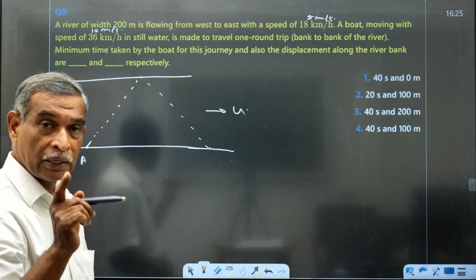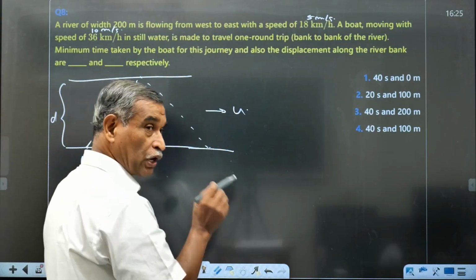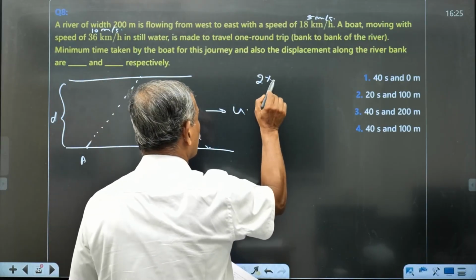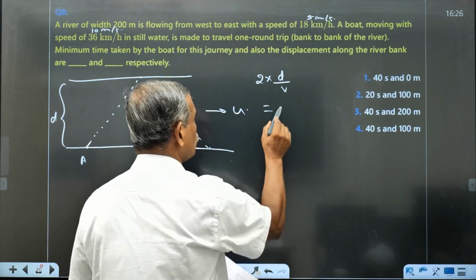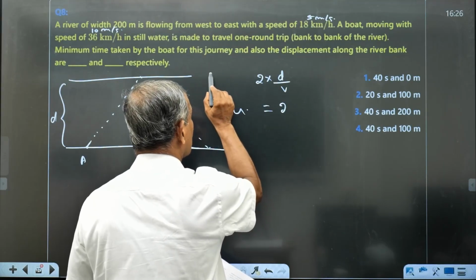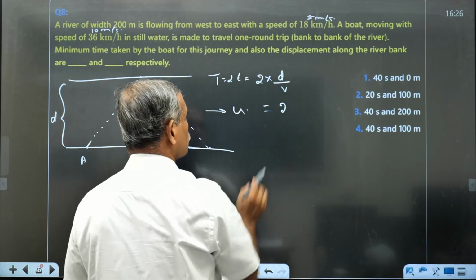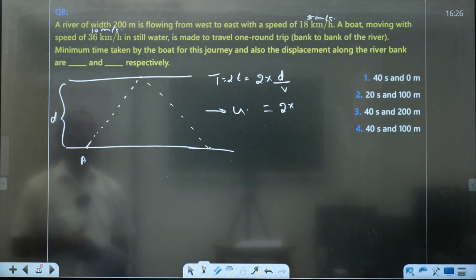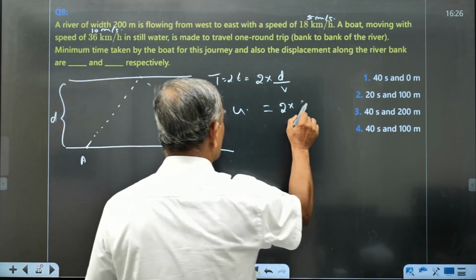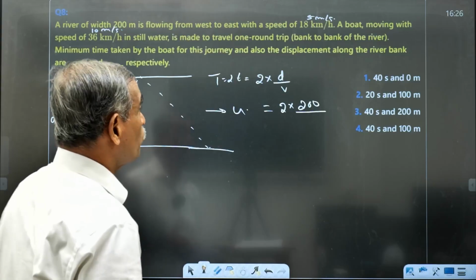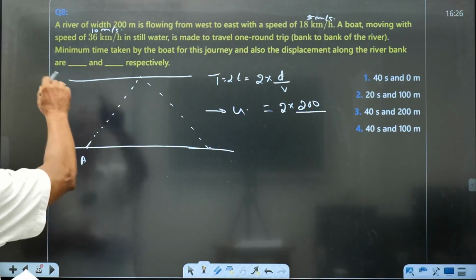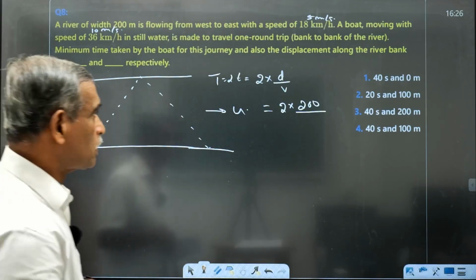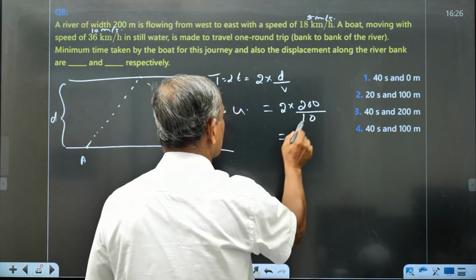Therefore the total least time taken by him to complete this task is 2 into d by v, which is 2 into the width of the river, 200 meters, by the velocity of the swimmer. What is the speed? The boat has a speed of 10 meters per second. Cancel out, 40 seconds.